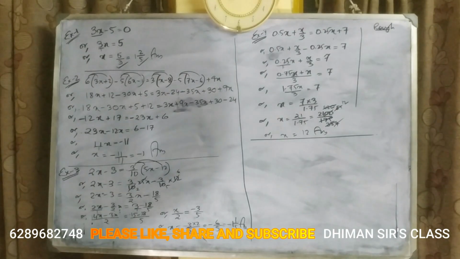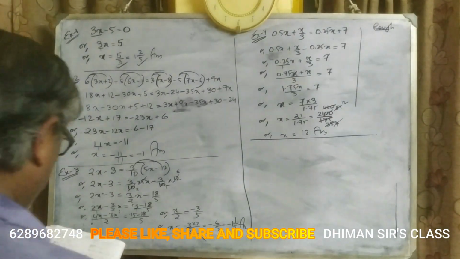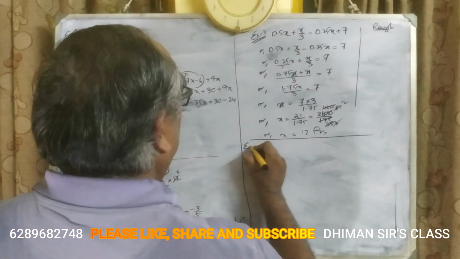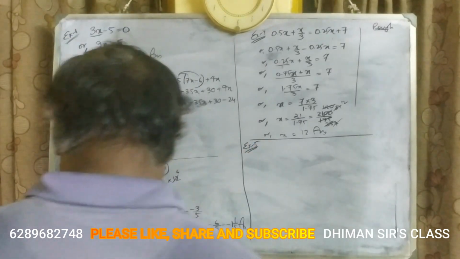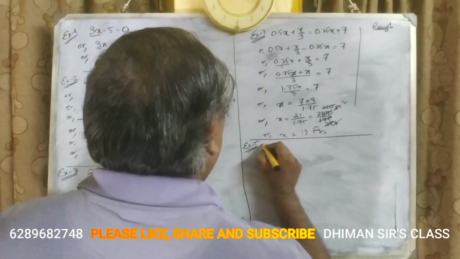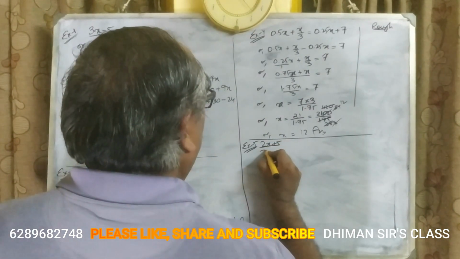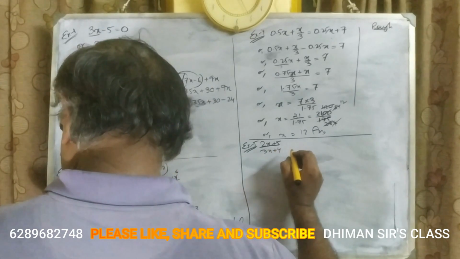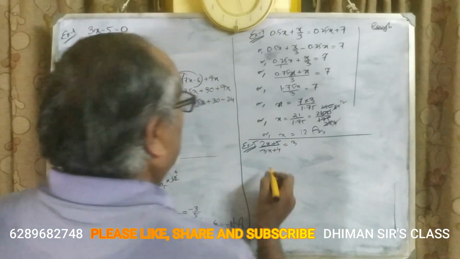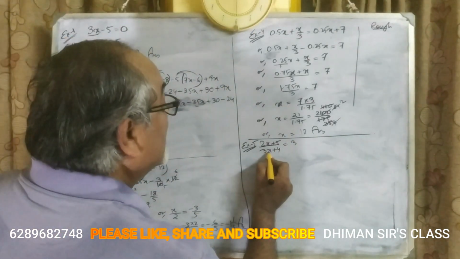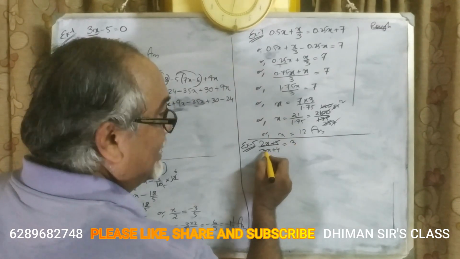So, example 5. Now, example 5 is 2x plus 5 by 3x plus 4 is equal to 3. Now here, let this denominator go that side.